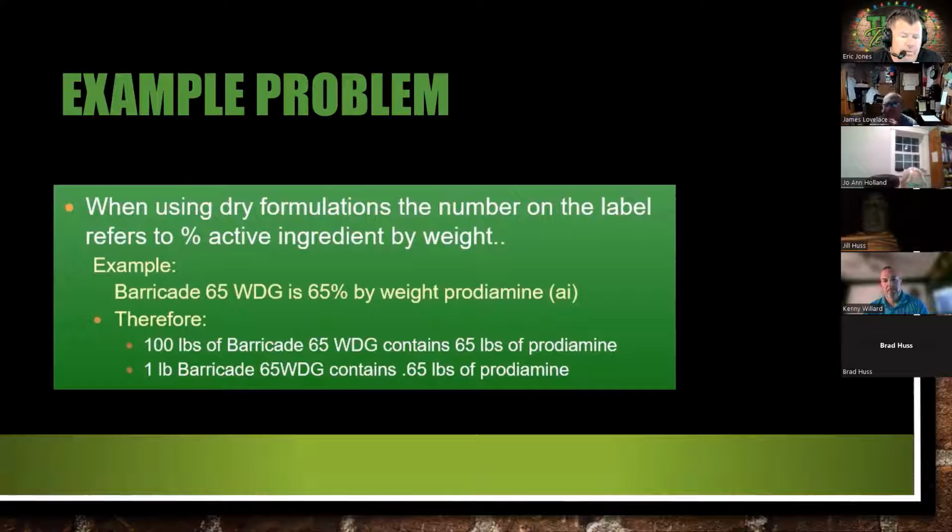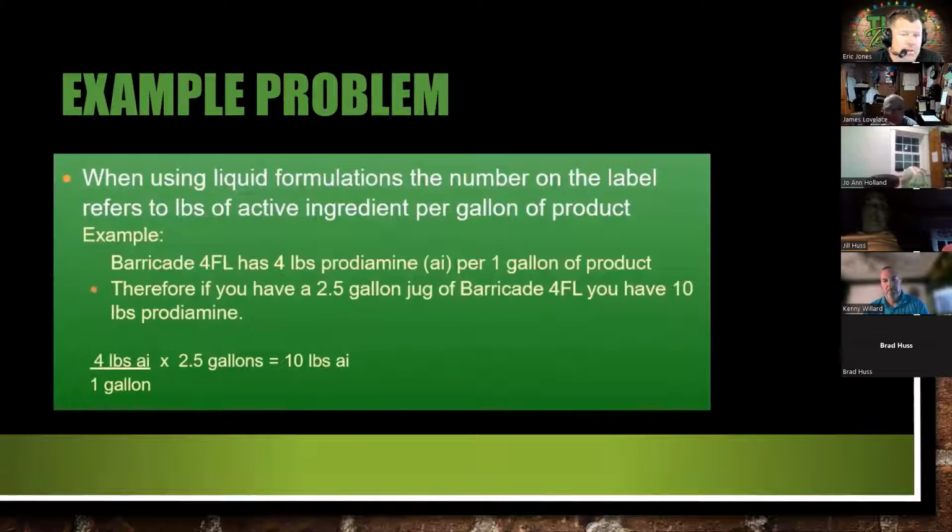When we're using our liquid formulation, the number on the label refers to the pounds active ingredient per gallon of product. So Barricade 4FL has 4 pounds prodiamine active ingredient per 1 gallon of product. And so if we purchased a 2.5 gallon jug of Barricade 4FL, we have 10 pounds of prodiamine. 4 pounds active ingredient over 1 gallon times 2.5 is our 10 pounds active ingredient.